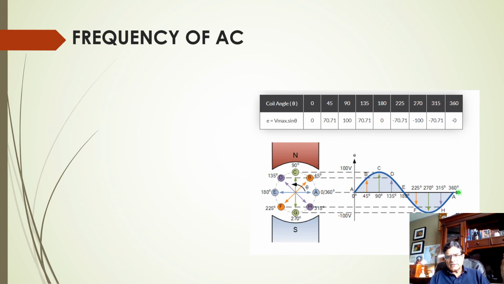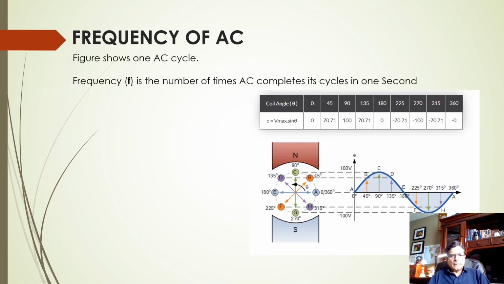So one cycle per second is called 1 Hertz. Hertz is the name of a scientist. Frequency is represented by F, the number of times AC completes its cycles in 1 second.